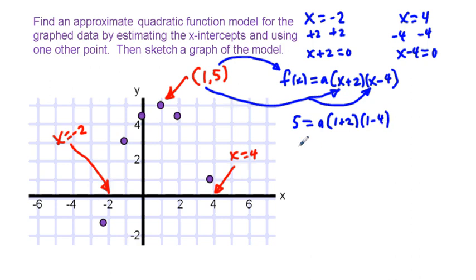Further simplifying, 5 is equal to a times 3, since 1 plus 2 is 3, and 1 minus 4 is going to be negative 3. So this is going to be 5 is equal to negative 9a. And divided by negative 9, a is equal to negative 5/9.